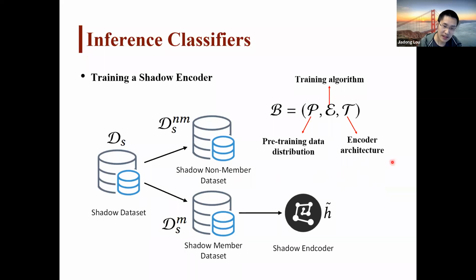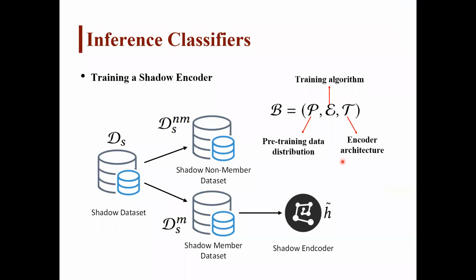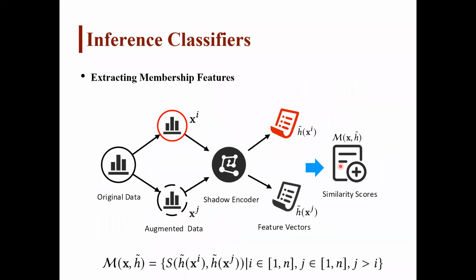So based on these 3 dimensions of knowledge of the target encoder, they will have 8 combinations. The goal here is not to simulate the target encoder. They just want to create some training data samples.